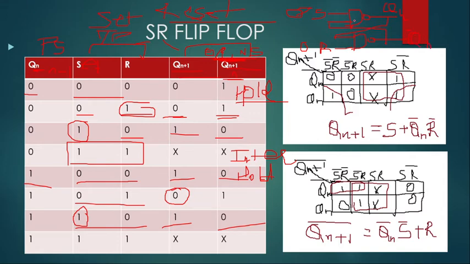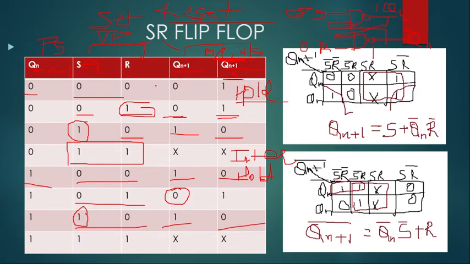So at that time what will happen? Both the outputs will become 1. When both the inputs are 0, for the NAND gate, both the outputs will become 1, which is not actually possible. Your output and output bar should be opposite to each other. But in this case both the outputs are becoming 1.